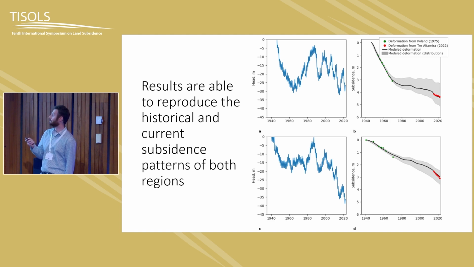And you can also see just from looking at these head records, we had a huge drawdown in the western San Joaquin Valley, and then a huge rebound where we almost got all the way back to what we were at in the 40s, followed by some periodic periods of drawdown and recovery. Whereas in the Tulare Pixley area, there's a very dramatic recent drawdown.